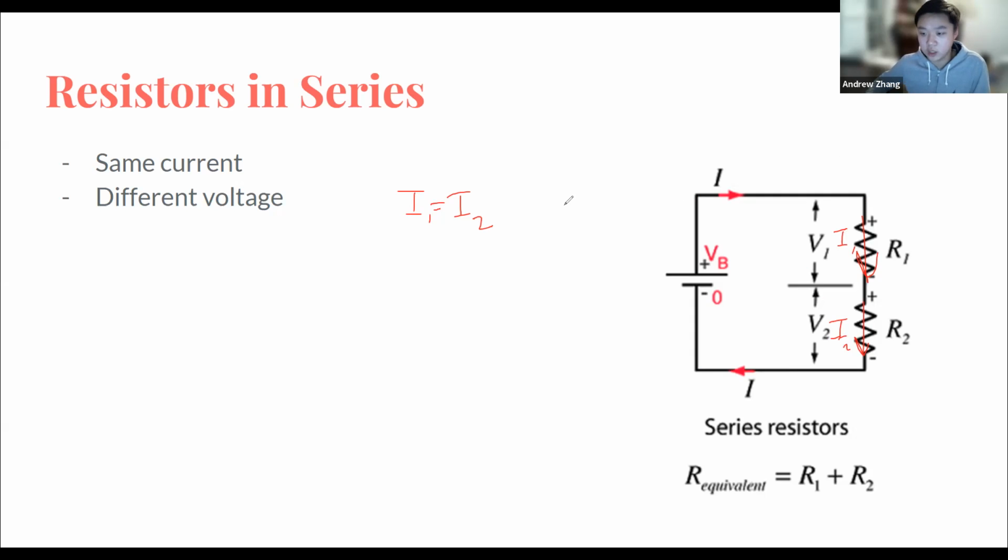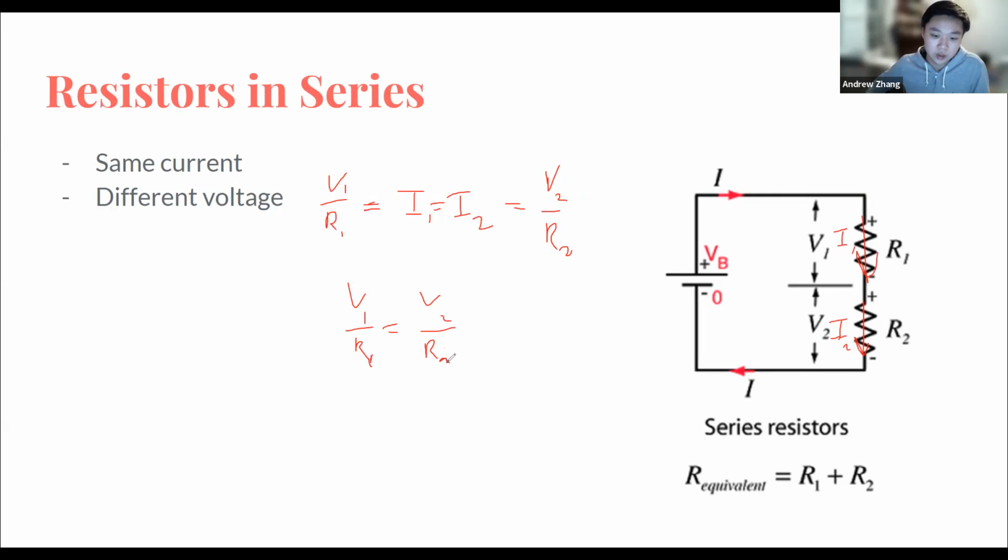Using Ohm's law again, I1 is equal to V1 over R1, and I2 is equal to V2 over R2, which means V1 over R1 is equal to V2 over R2.